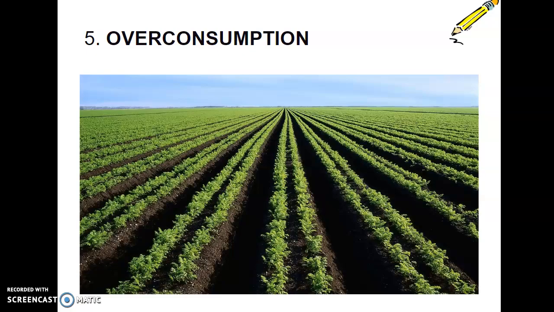If we use too much water, eat too much food, or have too much waste, all these things harm biodiversity. It's very important that we are conscious of how much we are using, because eventually we're going to use it all up. These resources don't replenish as quickly as we think they might.